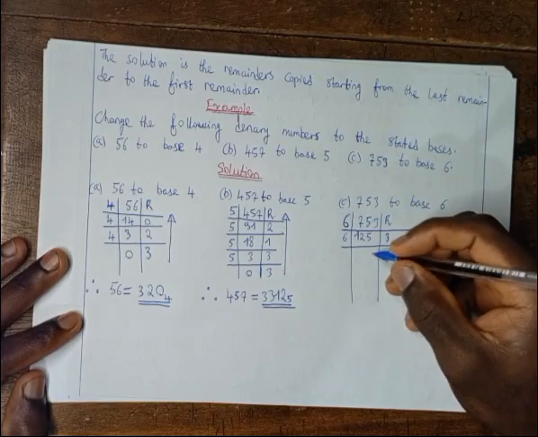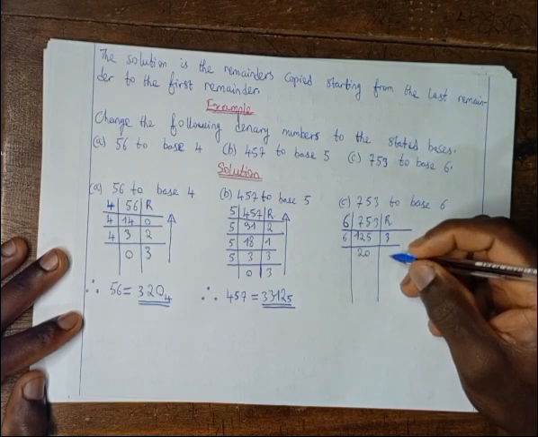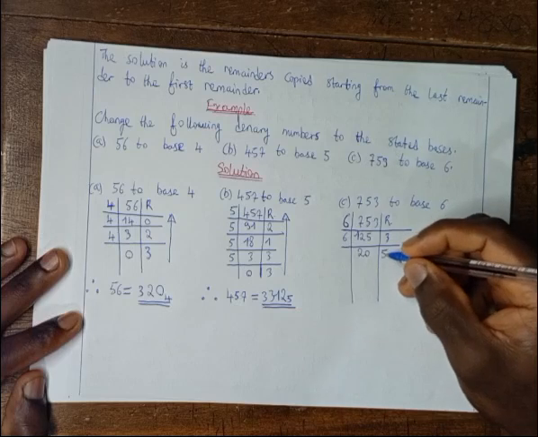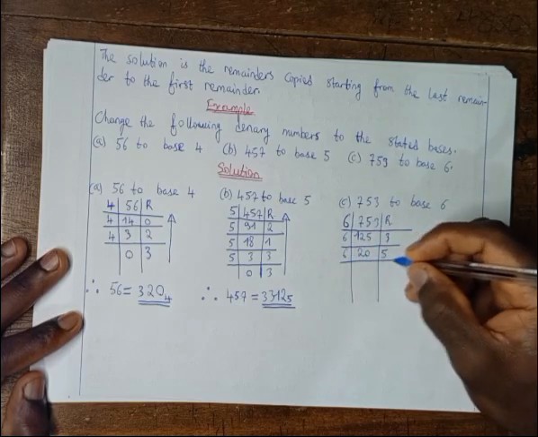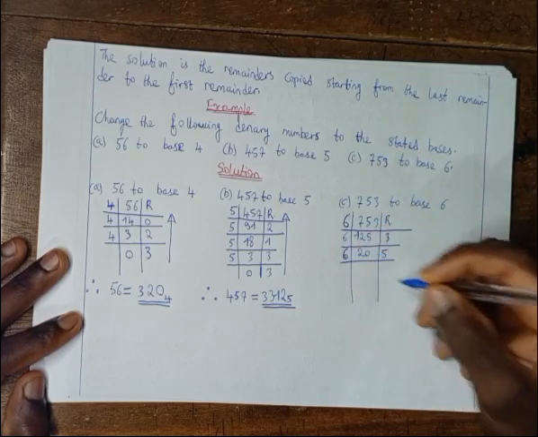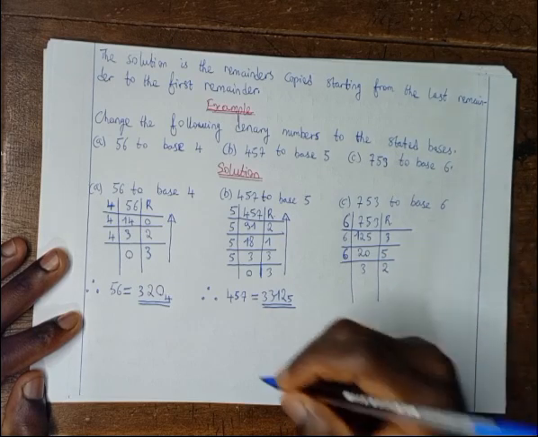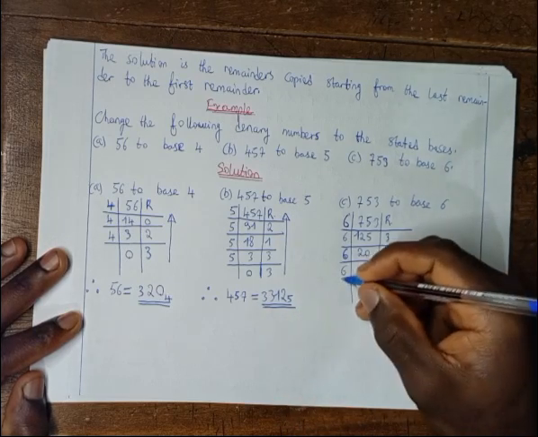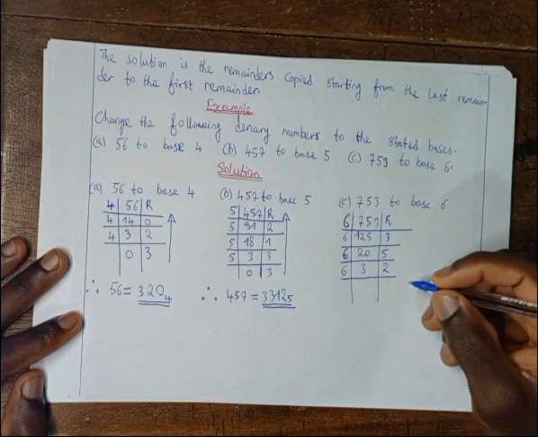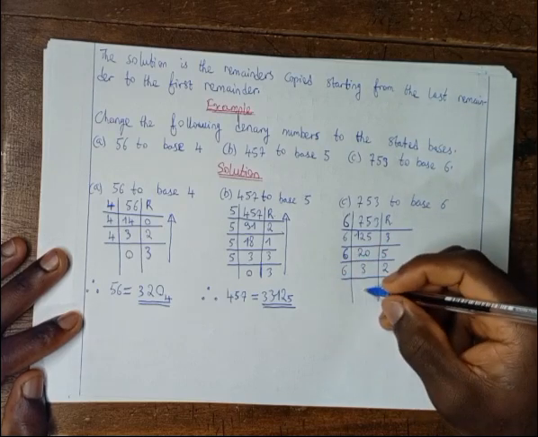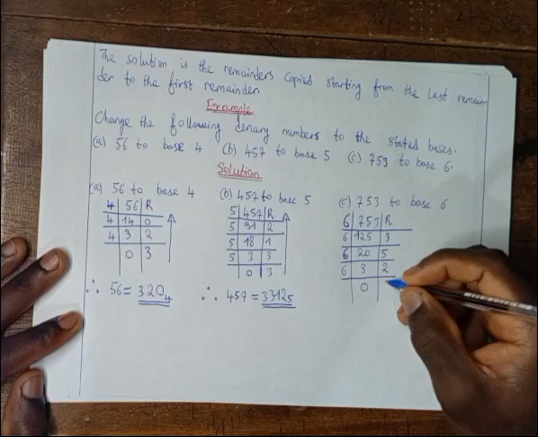125 divided by 6 gives us 20. Remainder 5. We bring down 6. 20 divided by 6 gives us 3. Remainder 2. We bring down 6. 3 is less than 6. We divide 3 by 6, the whole number part will be 0, and the remainder will simply be 3.